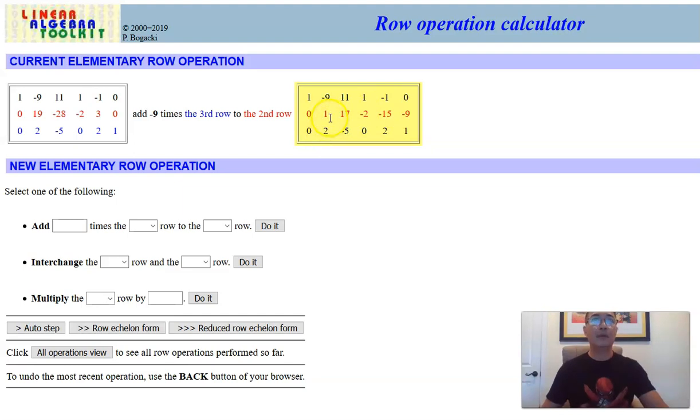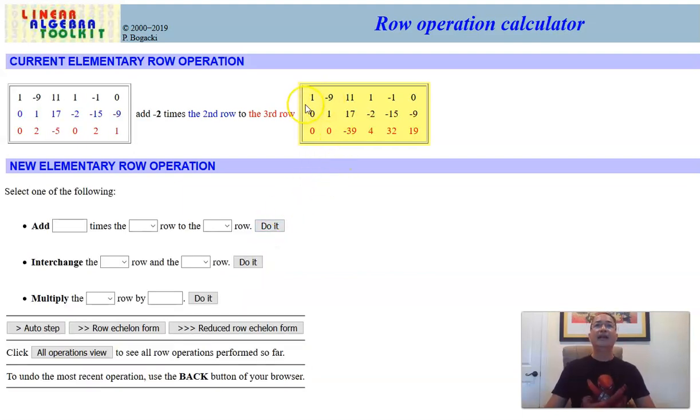So now we will fix that 2. We will need -2 times the second row added to the third row. There we go. So now we have that 0. We are ready for the third row.